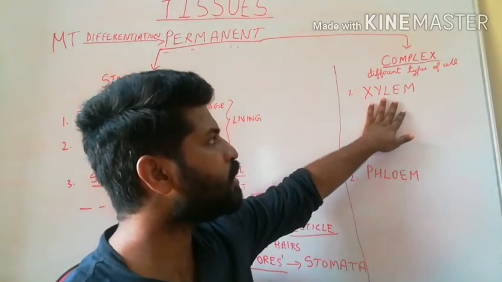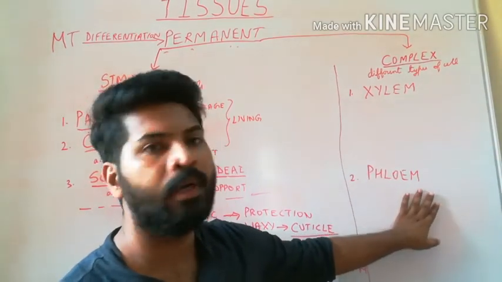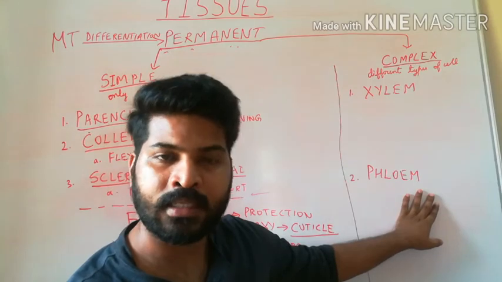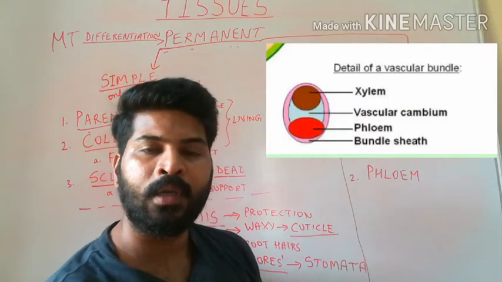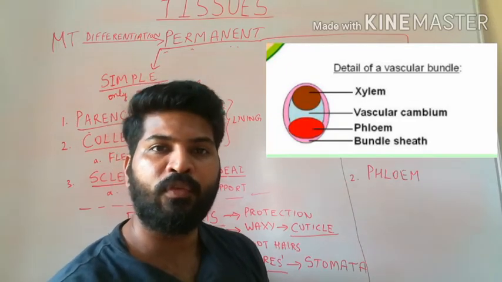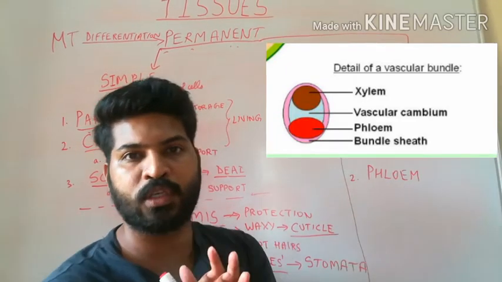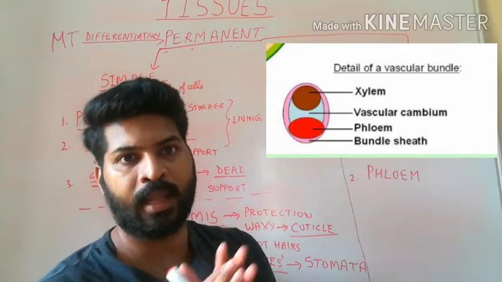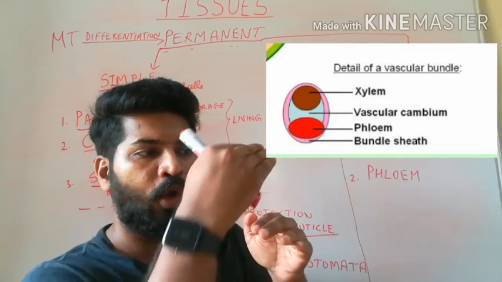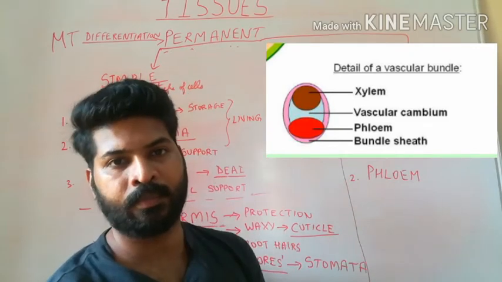Example, xylem tissue and phloem tissue. In plants, as you can see in the diagram, the xylem and phloem are often closely associated. They are present close to each other, either side by side or one above the other.